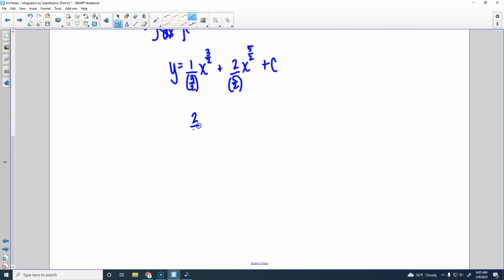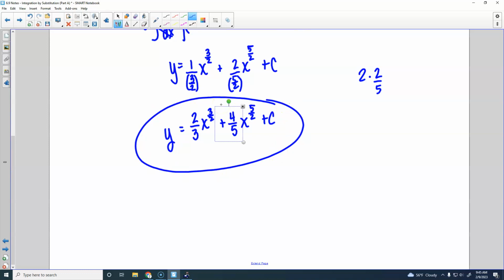So this is going to give me 2/3 x to the 3/2. And then 2 times 2/5 is going to give us 4/5 x to the 5/2 plus c. So on the assignment, you may run into some where you don't use u substitution. So remember that you don't have to do it on everything that's a fraction or looks a little complicated.